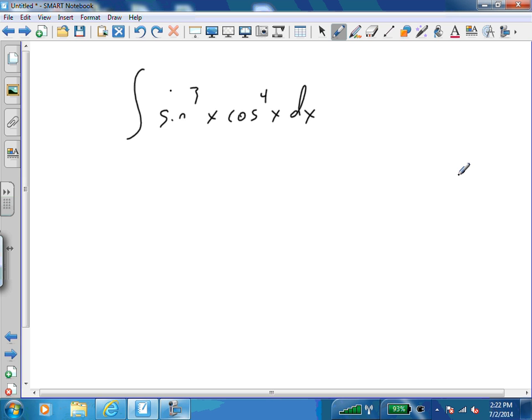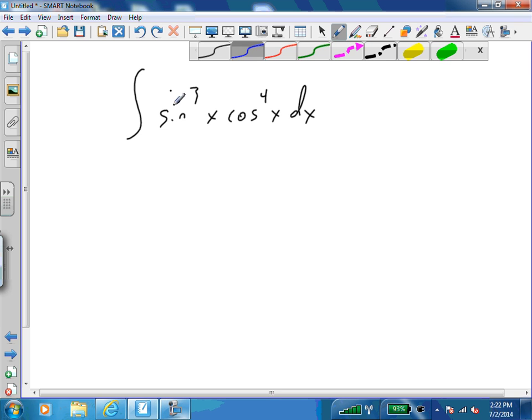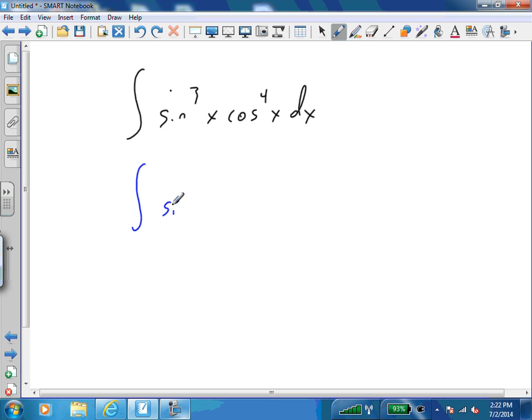So if we're wanting to let u be cosine, then du needs to be sine. So we need to keep one of these sines for our u. So let's break this up. Let's call this sine times sine squared cosine to the fourth x dx.